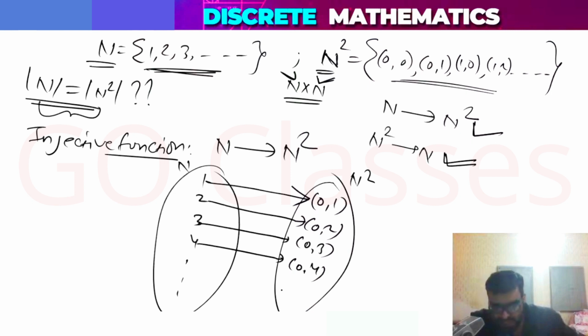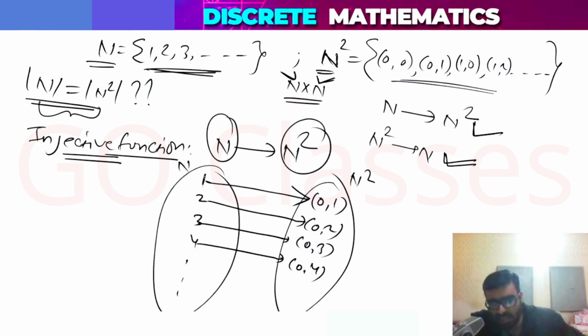You can see this is an injective function from the set of natural numbers to N squared. It is a very simple injective function, and different elements have different images.